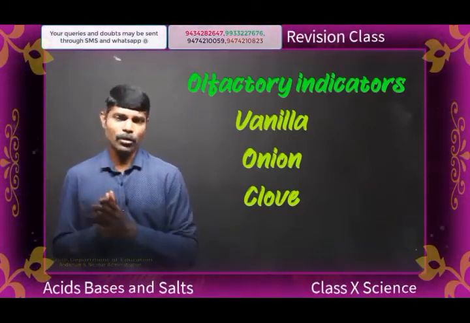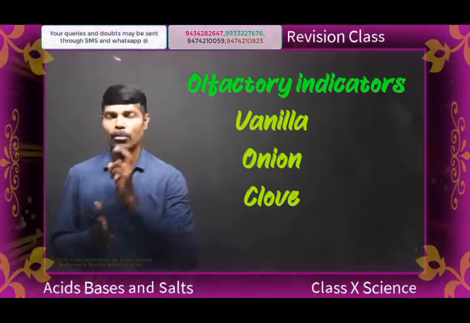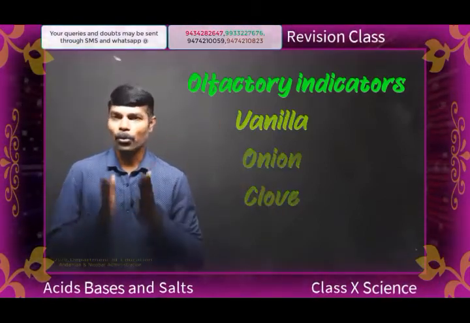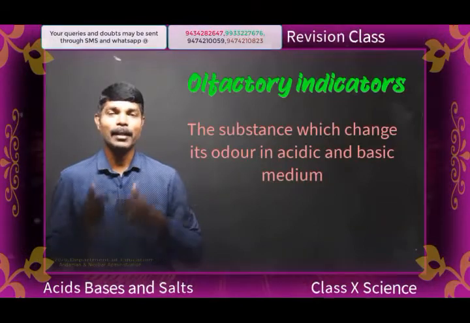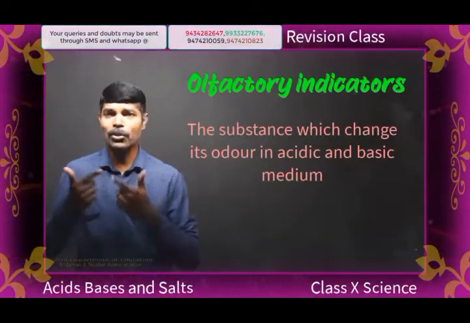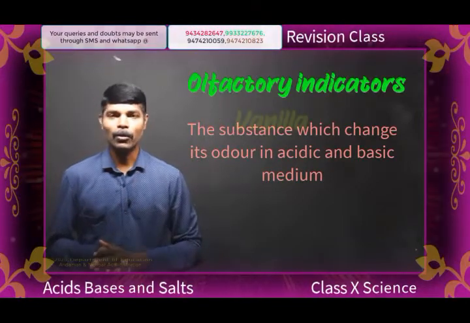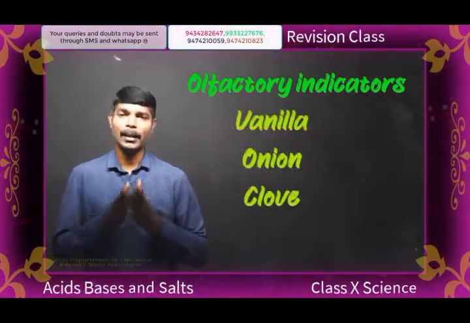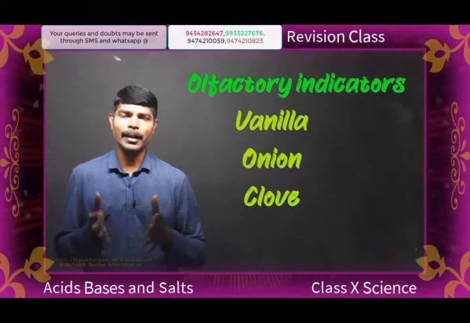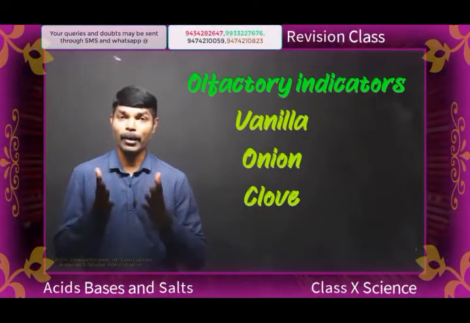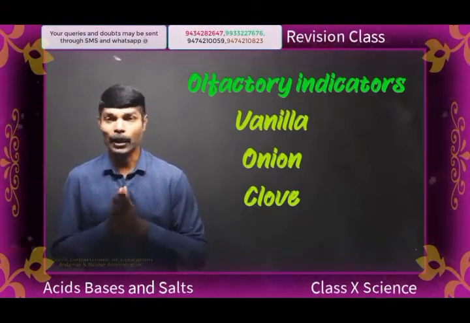Particularly, you should know what an olfactory indicator is: indicators which change their odor in acidic and basic medium. Examples of olfactory indicators are already in your textbook, and you can go through them as well.